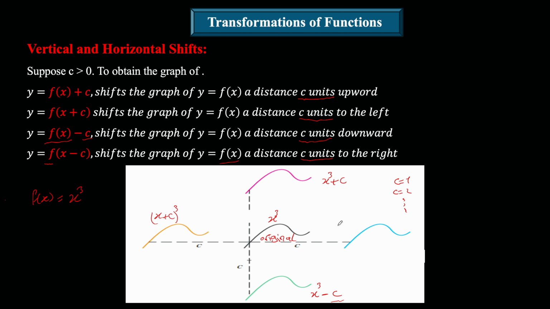We take our original function, x to the power 3, and make it x minus c to the power 3. This shifts our original function from here to this place, okay?